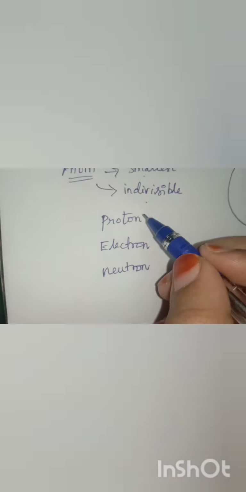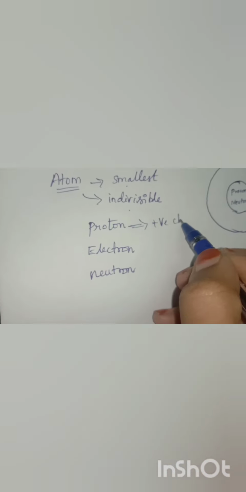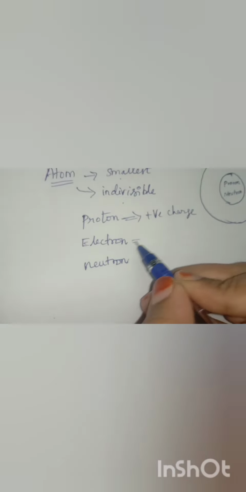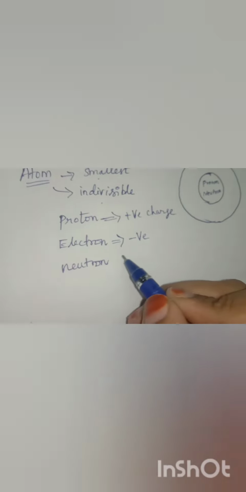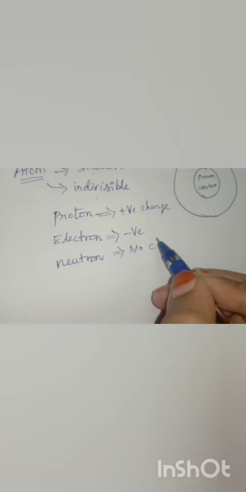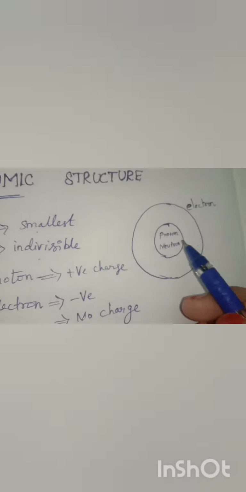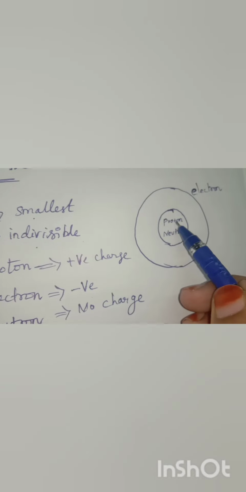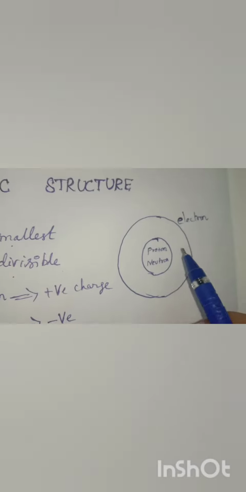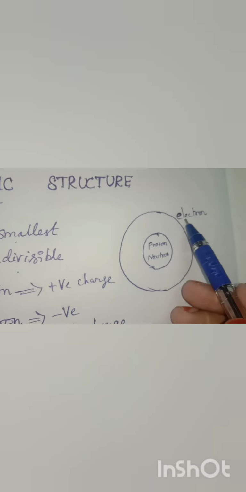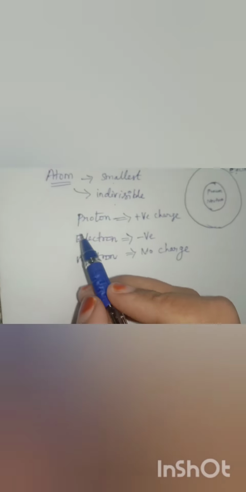So this proton is a positively charged particle, and this electron, which is opposite to proton, is a negatively charged particle, and neutron has no charge. What are the symbols for proton, electron and neutron?